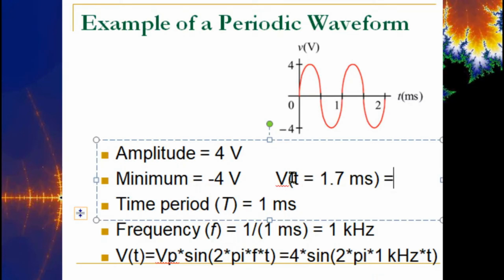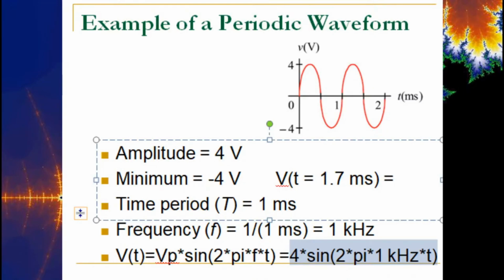So again, the equation that you're going to use for this is right down here. 4 times the sine of 2 pi 1k hertz times t. Where's my pi key? There it is.